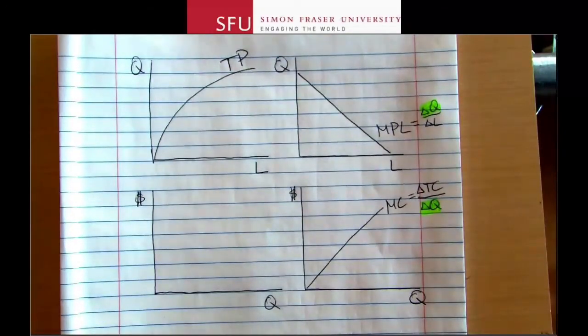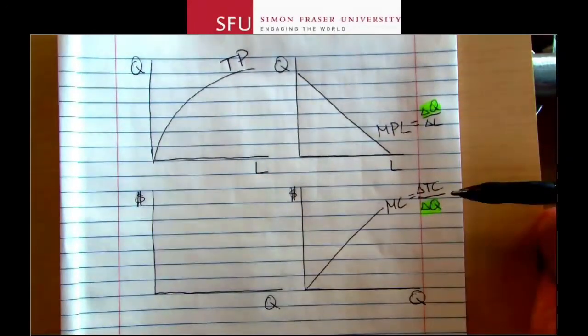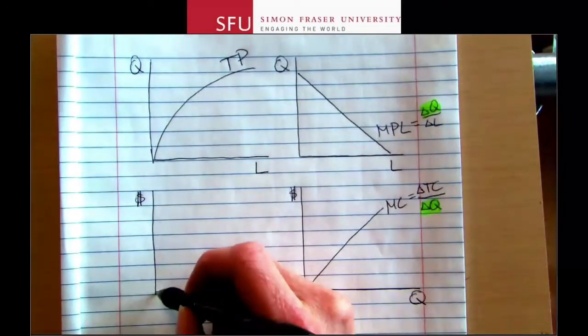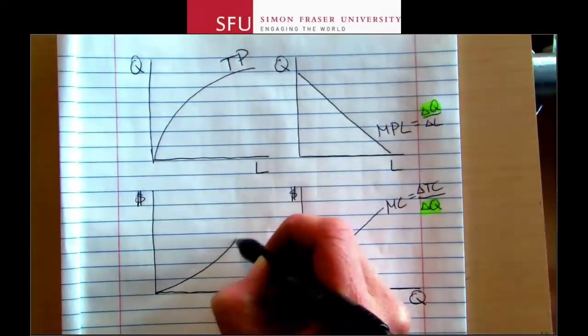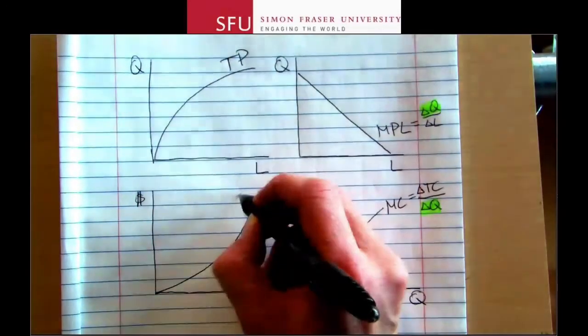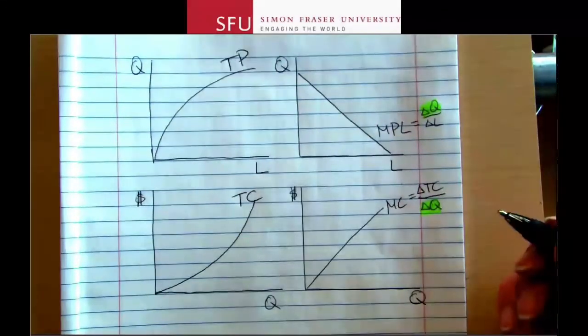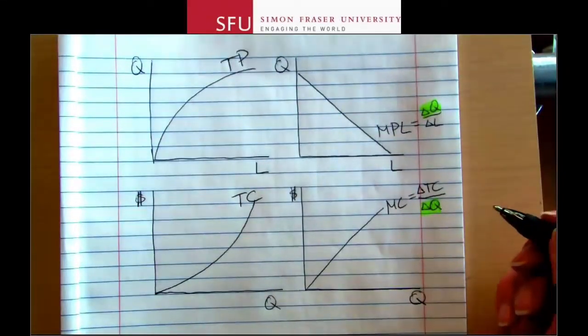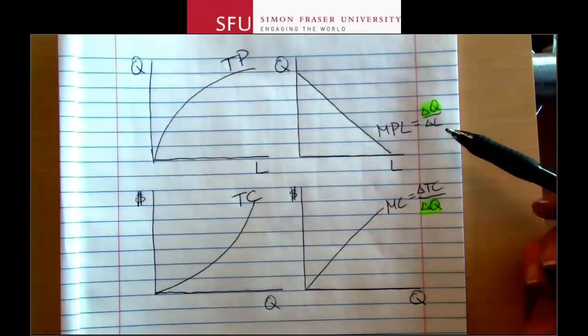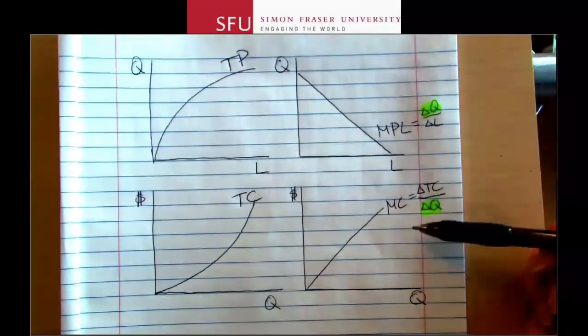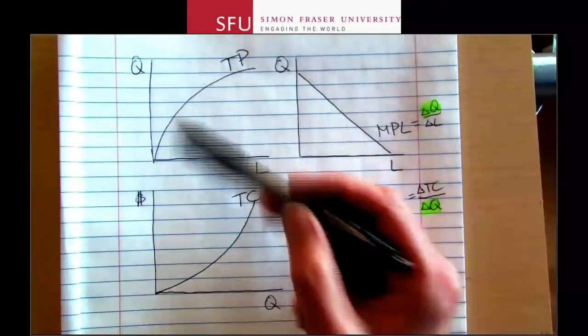Okay, and because the marginal cost goes up, each additional unit is costing you more and more than the last one, the total cost curve will increase at an increasing rate. All right, and so these curves are measuring the slopes of these curves.